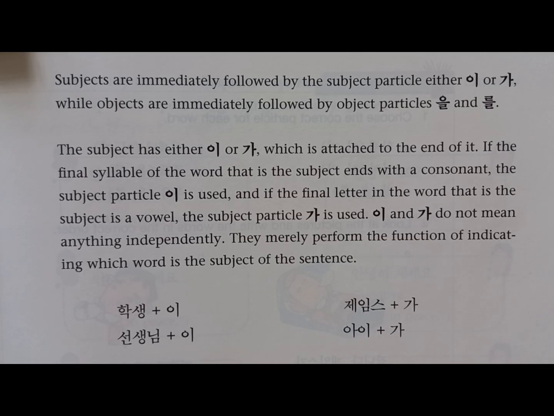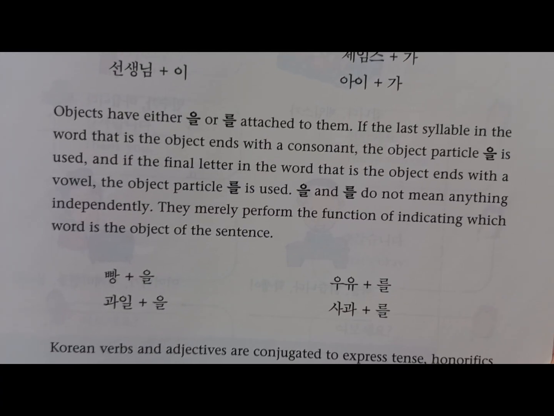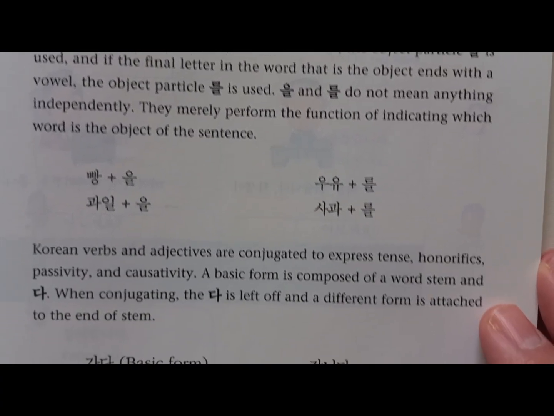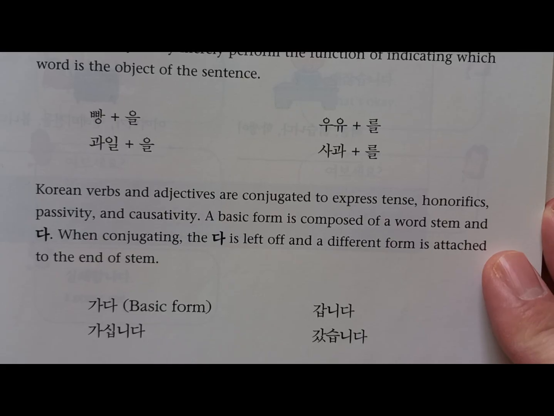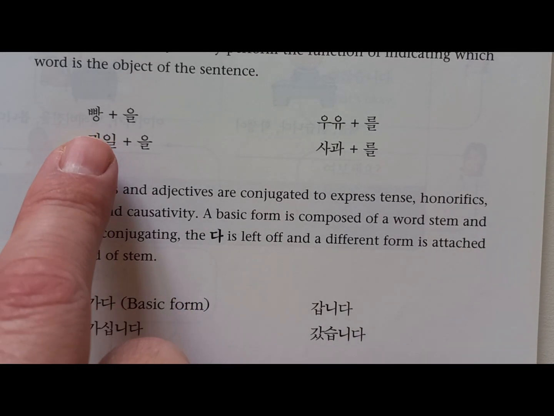All right, and the same rule goes for 을 or 를. If the object ends with a consonant, we add the object particle 을, and if the object ends with a vowel, we add 를. Okay, examples. 빵, bread.